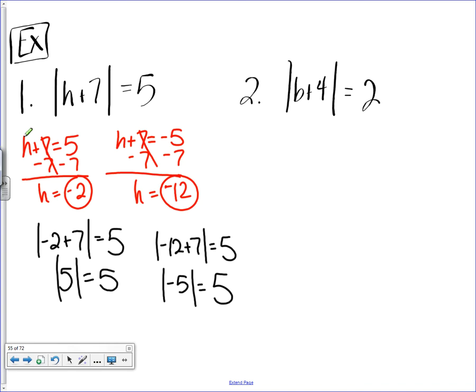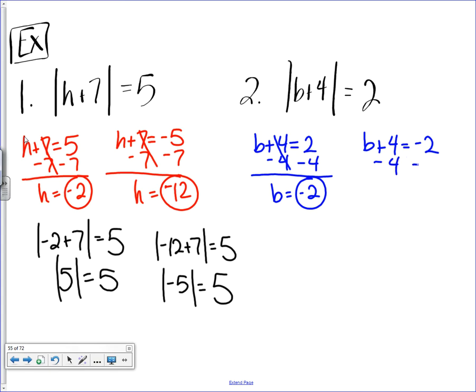We're going to go ahead and do the same thing over here. Either b plus 4 can be equal to 2, or b plus 4 can be equal to negative 2. So I have a positive version and a negative version here because there's two answers to every absolute value equation. If I go ahead and solve this, those are my two answers. Again, you can plug those back in and you can see that they work.